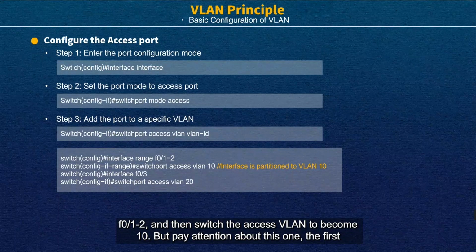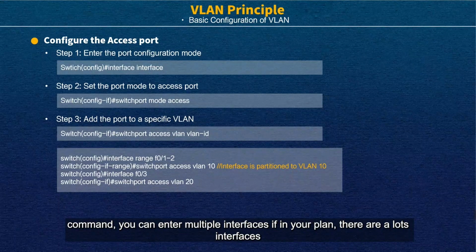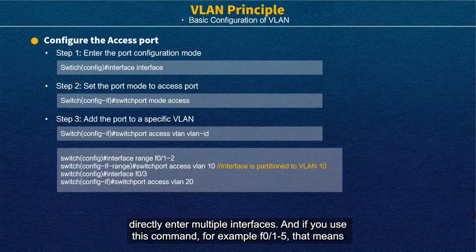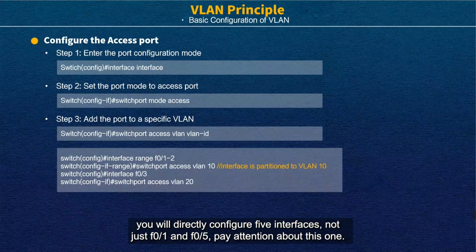The first command, you can enter multiple interfaces if in your plan all the interfaces will connect with terminals and belong to the same VLAN, and the configuration is the same. If you use this command, for example 1-5, that means you will directly configure 5 interfaces, not just 1 and 5. Pay attention to this one.